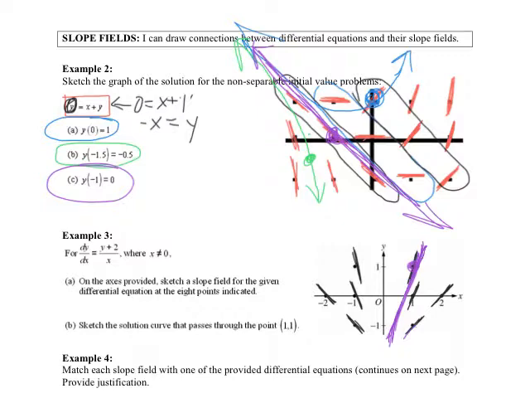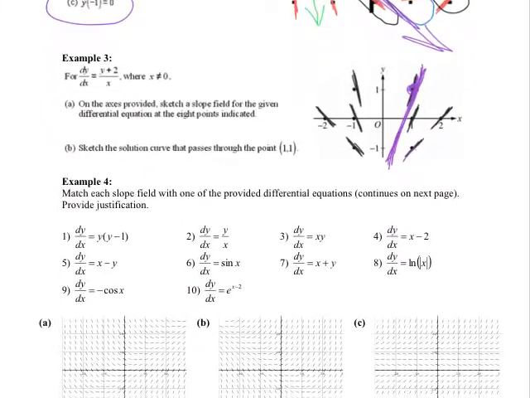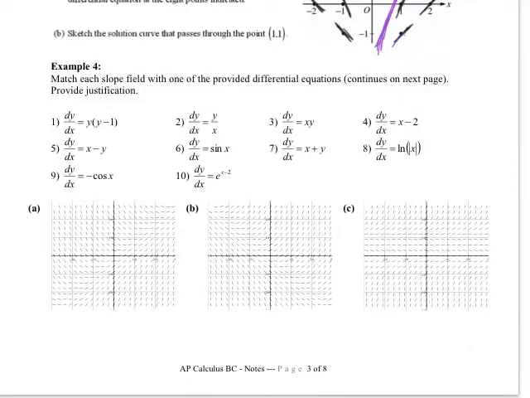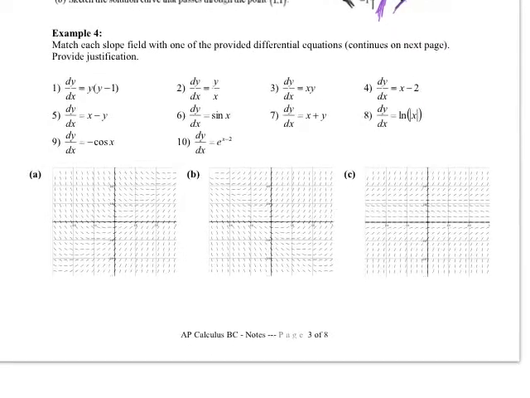Okay, example 4 is really the most useful part of the lesson as far as how it relates to the AP test, and it really supports our understanding of slope fields and their relationship to differential equations. So let's talk about this one here.